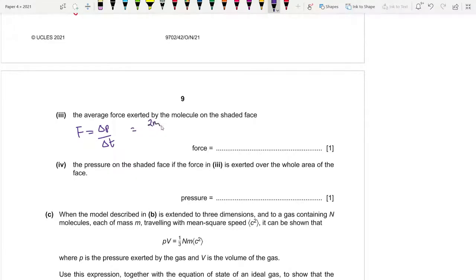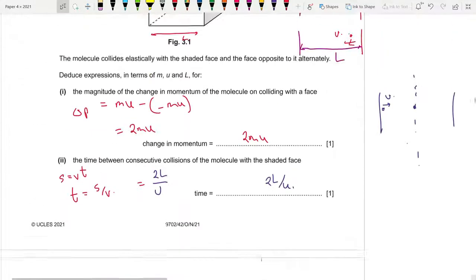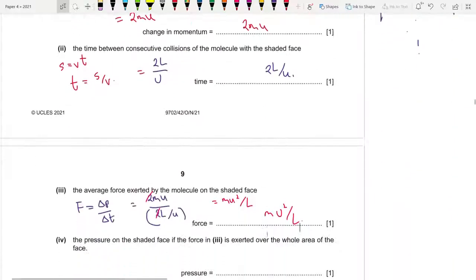So the change in momentum is 2mu, and the time is 2L divided by u. So we can get rid of 2, and we end up with mu squared by L. That's it. This proof was actually in your coursework. This example should be in your lectures. You should be reading this.